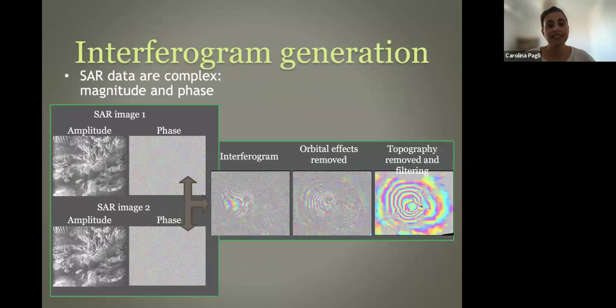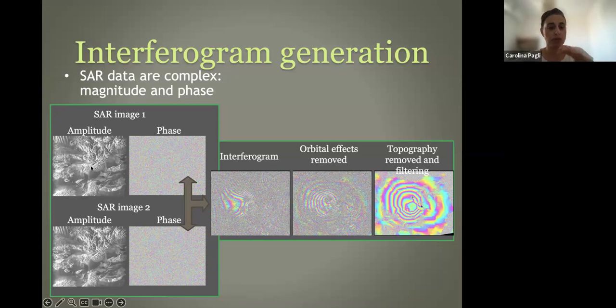So having said that, to generate an interferogram, we need two SAR images. In the SAR images, we measure the distance between the satellite and the ground by making a very precise measurement of the phase change. So the basic measurements of the SAR satellites are phase and amplitude.